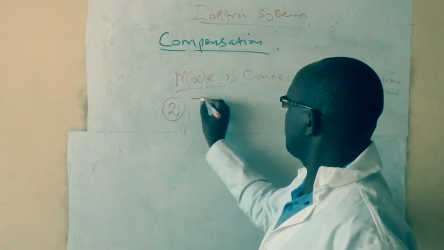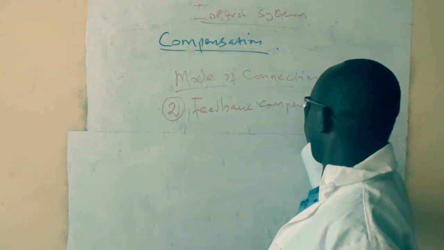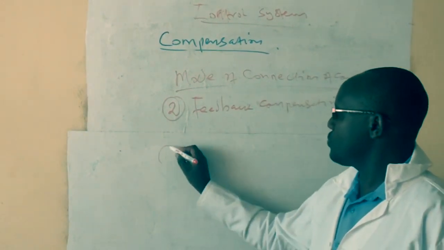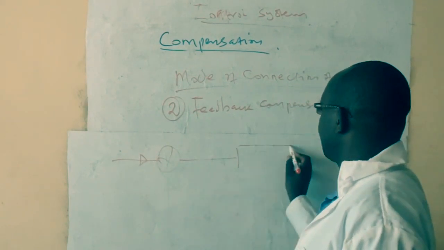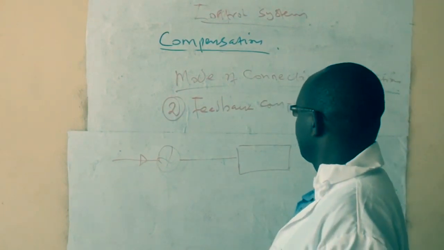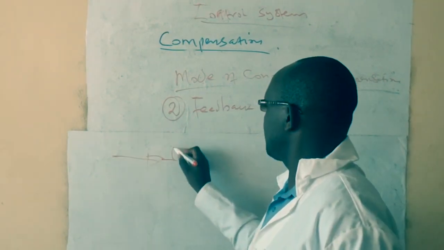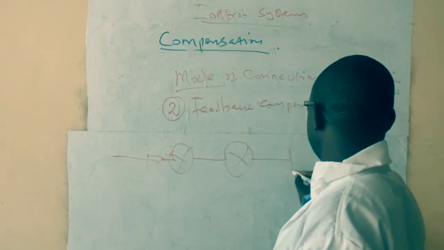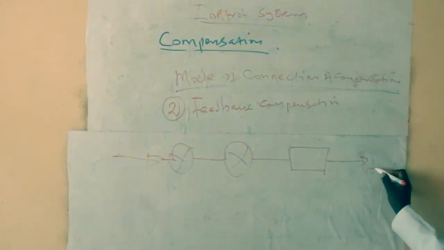Number two is feedback compensation. That is another mode of connection. How do you do this one? We have here the input, we have here the process, and this is the output.